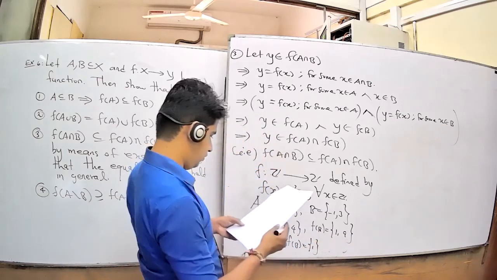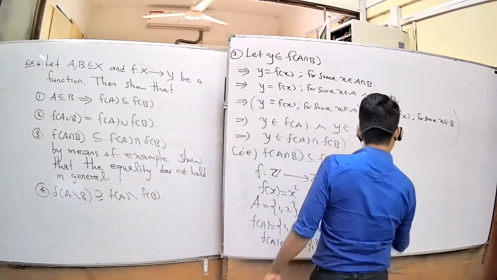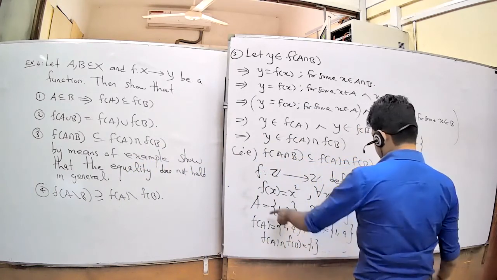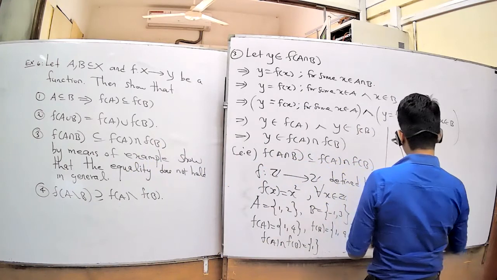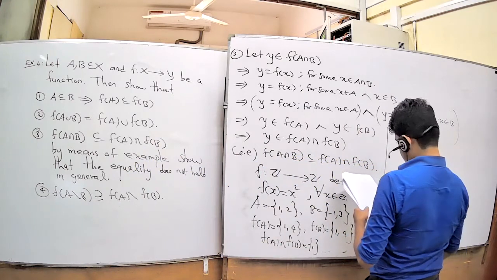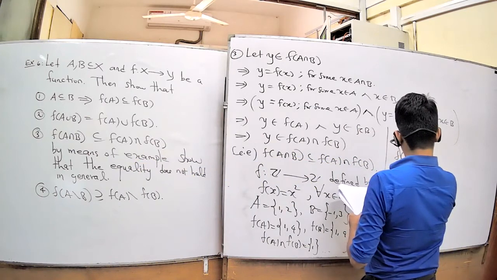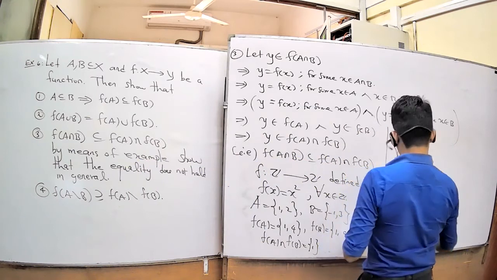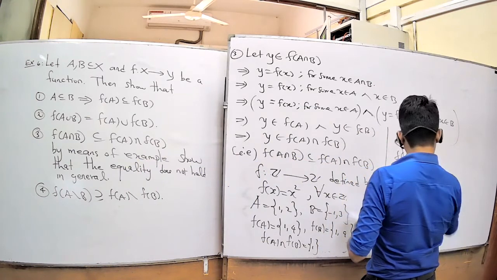Okay. Now, what is a intersection b? For a and b there is no common element. Therefore, it's the empty set. Therefore, f of a intersection b also is the empty set.